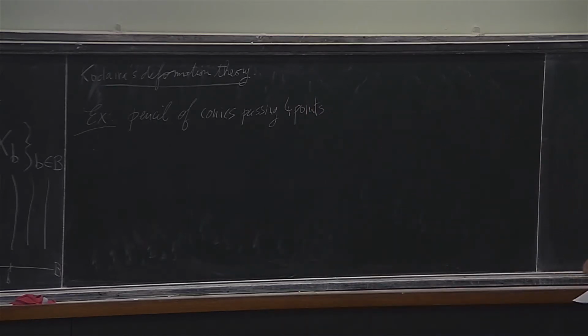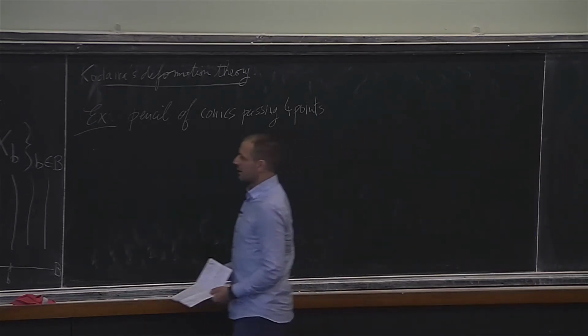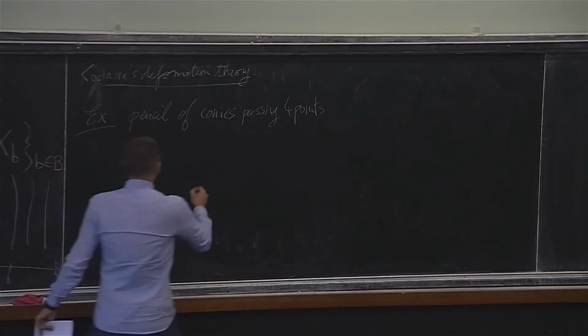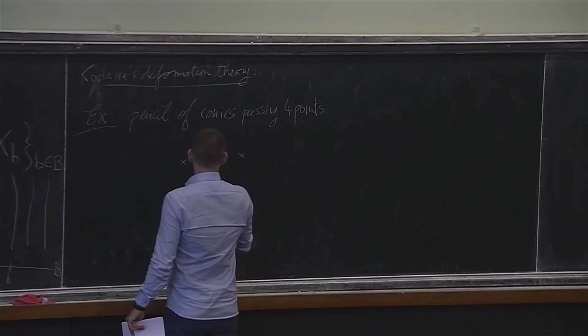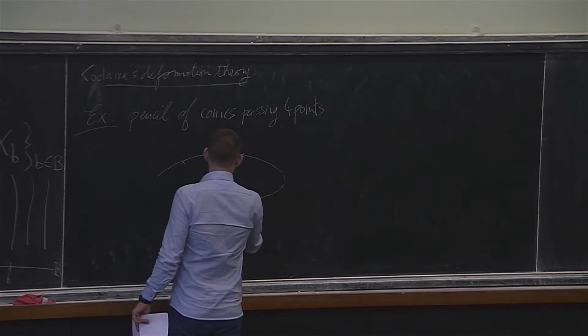Here I'm going to consider complex things, the affine plane or projective plane. You take 4 points, and you can draw all the conics passing through these 4 points.